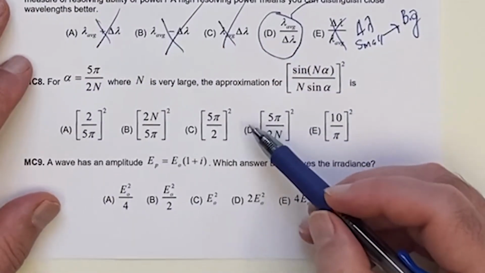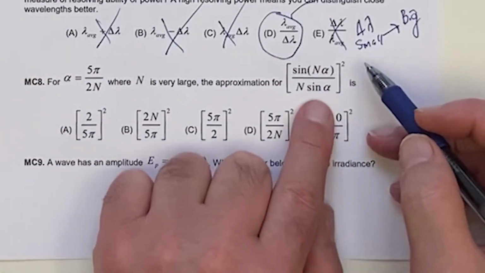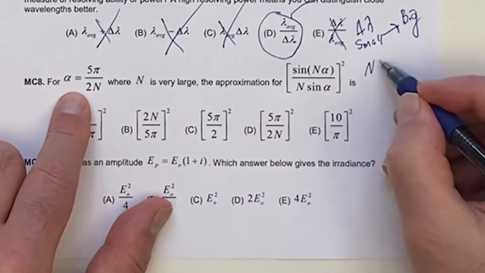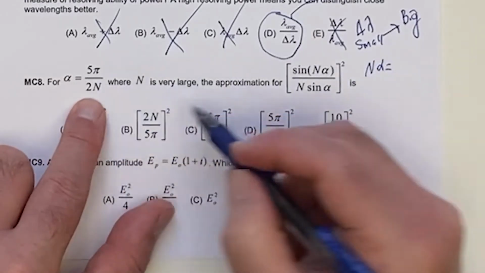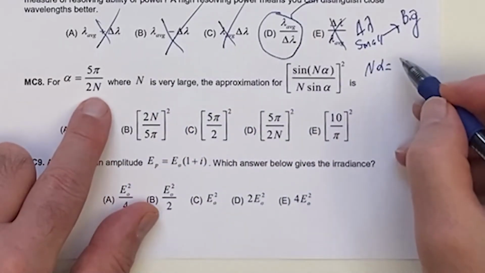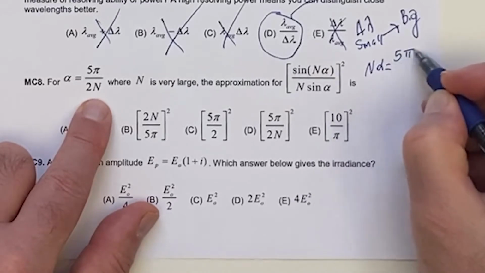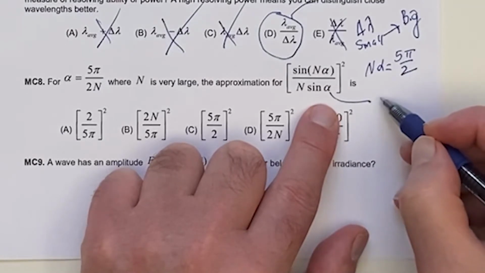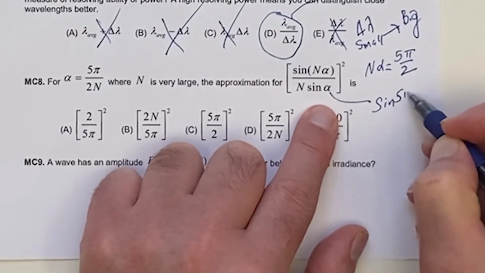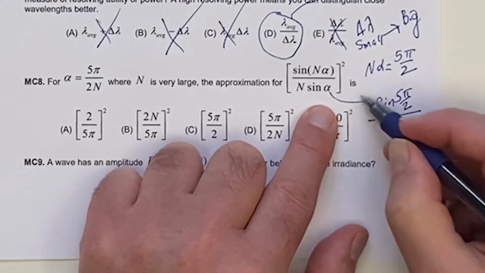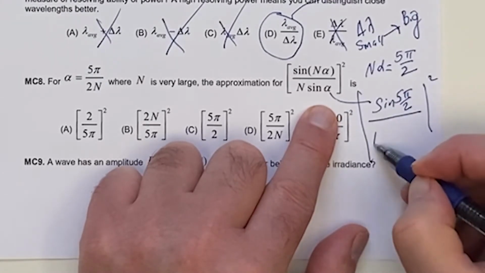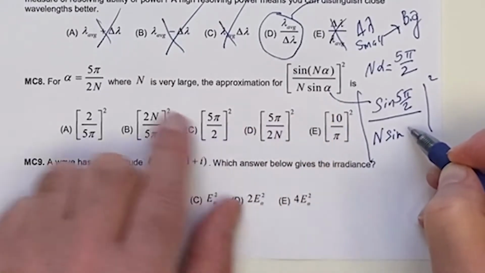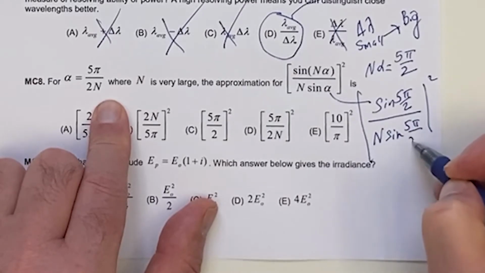Okay, for this one here, let's say you want to know when n is large. When n is large, we then plug in. So what is n times alpha? N times alpha would be here 5 pi over 2. So this thing becomes the sine of 5 pi over 2, divided by, and it's going to be squared, n times the sine of alpha, which is the same alpha, to put the whole thing in like this.